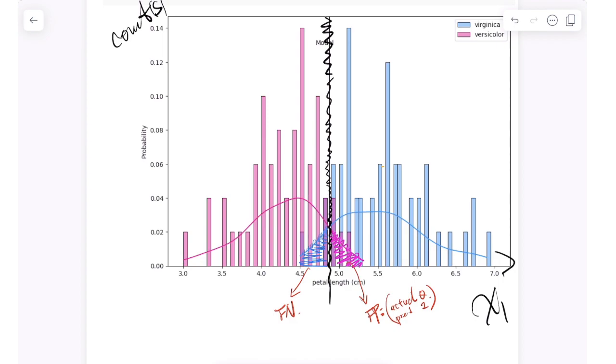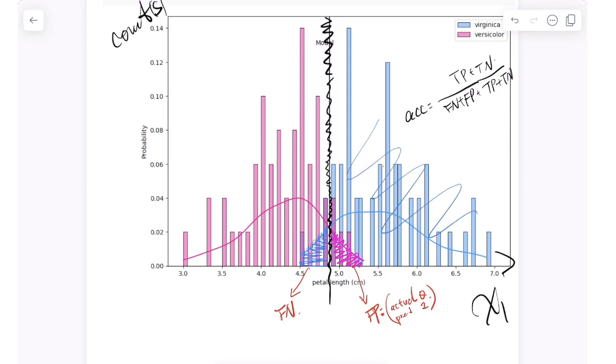The model would like to have the smallest misclassification area, so that it has the highest accuracy, because accuracy is the true positive plus true negative over false negative plus false positive plus true positive plus true negative, right?